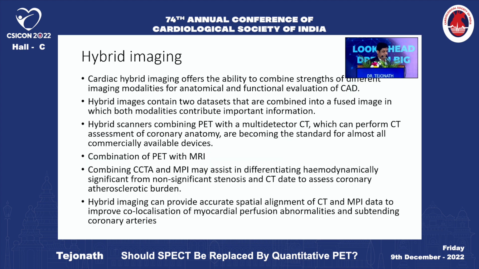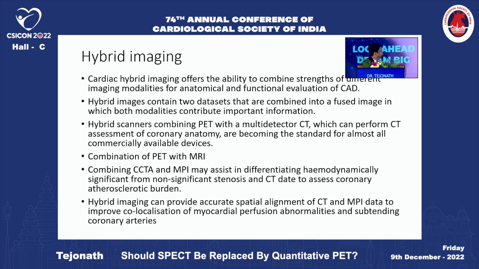Hybrid imaging is, as was discussed, not very commonly available, but it puts both data sets together. The perfusion and the CT data sets put together give the advantage of both MPI and CT coronary angiography.